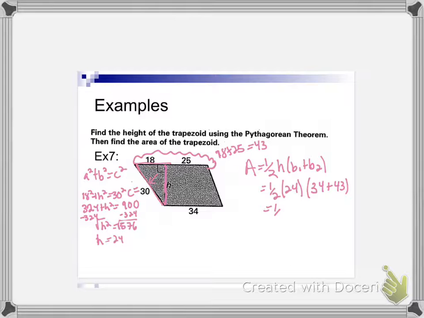So I'm left with 1/2 times 24 times 43 plus 34, which is 77. We know that half of 24 is 12, and 12 times 77 is 924. Again, we don't know the units, so it's going to be units squared.